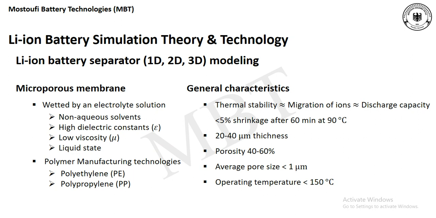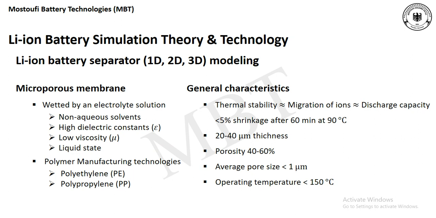The battery separator should have a shrinkage percentage below 5% after 1 hour operating at 90 degrees Celsius. It should have a thickness between 20 to 40 micrometers. The porosity of the separator is something between 40 to 60%.